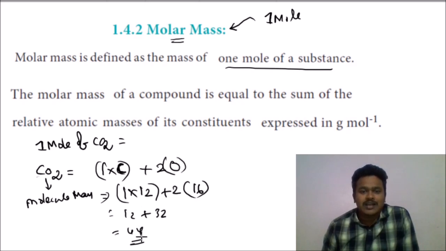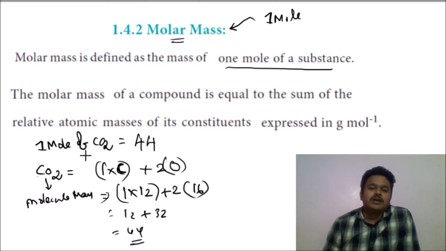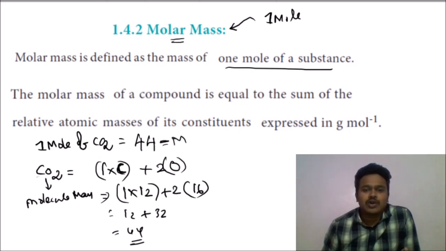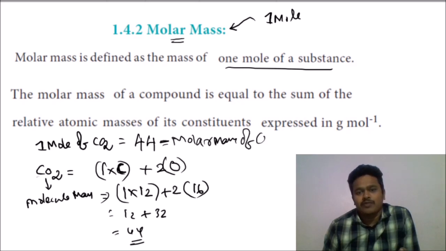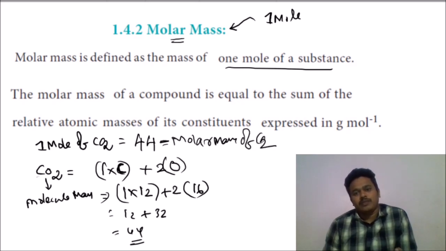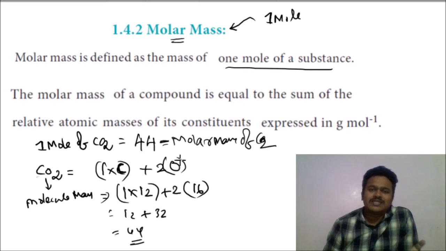You are calculating, means 44 will come. So the mass of 1 mole of CO2 is 44. That is also called the molar mass of CO2. That is the meaning of molar mass.